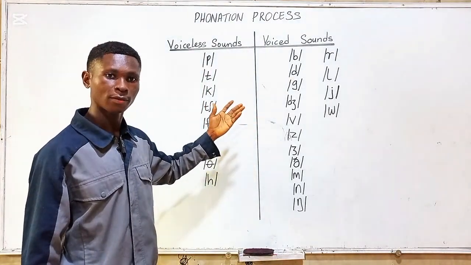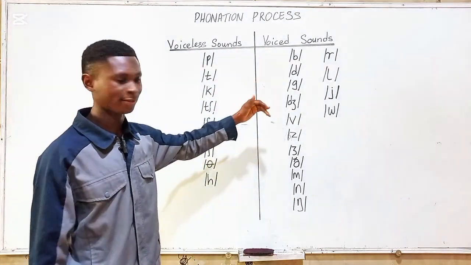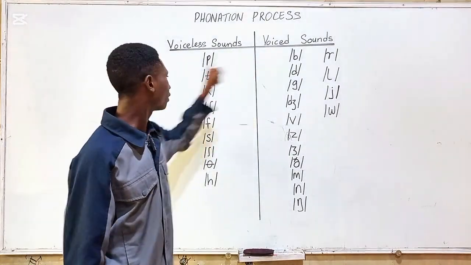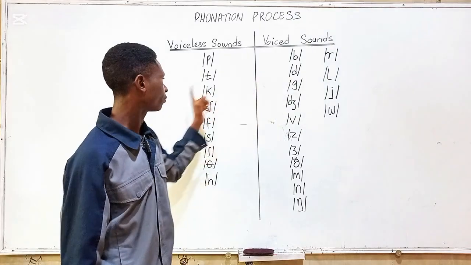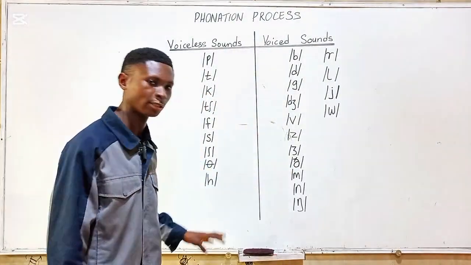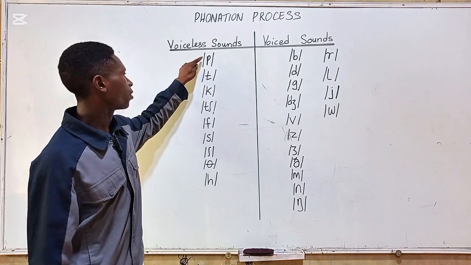I purposefully put them down in pairs. So we have a voiceless sound and a voiced sound, a voiceless sound and a voiced sound, up to here before we have other ones that are not in pairs. All right, so let's begin from here.